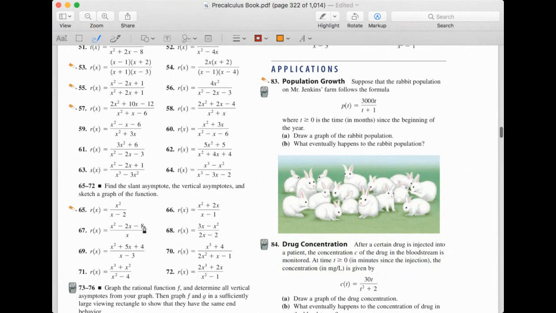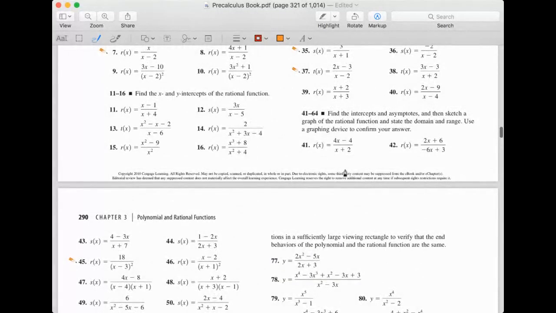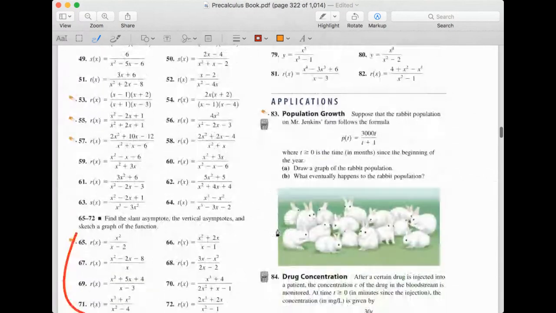Oh, yes. Okay, let's try this. So 65 to 71. Let's try to graph these functions. What about these ones? Find the intercepts, asymptotes and sketch the graph. Let me choose a couple from here.